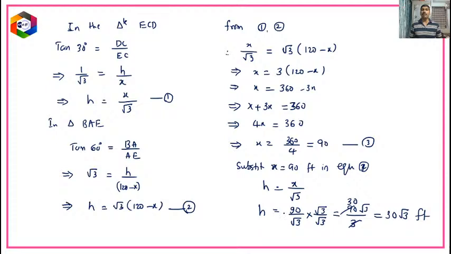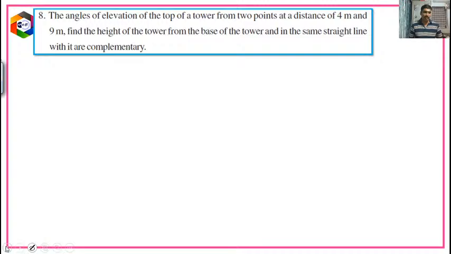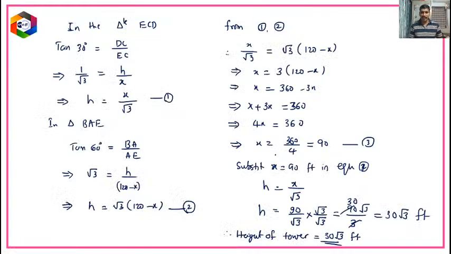So here we got two values. One is the height of the tower. So height of tower is equal to 30 root 3 feet. This is one. And one more value which we calculated previously, that x is equal to 90.